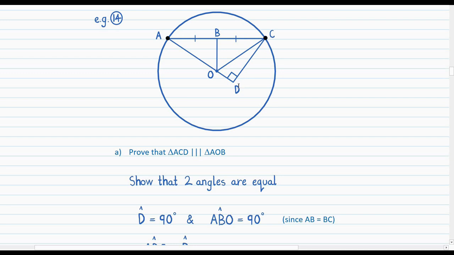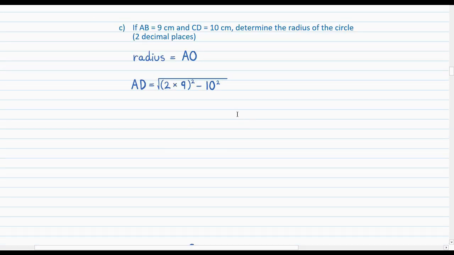So by simple Pythagoras theorem, we can calculate AD by saying square root of hypotenuse squared minus side CD squared. In other words, square root of 18 squared minus 10 squared, which comes to square root of 224, which can be further simplified down to 4 times root 14.